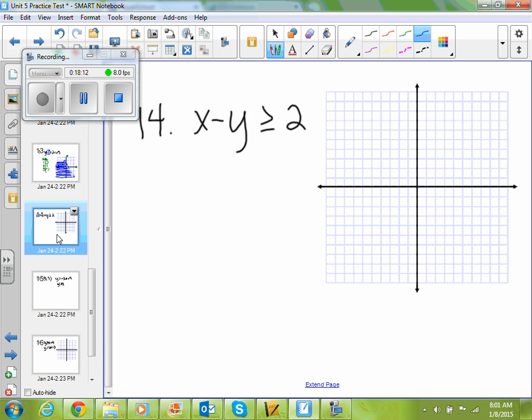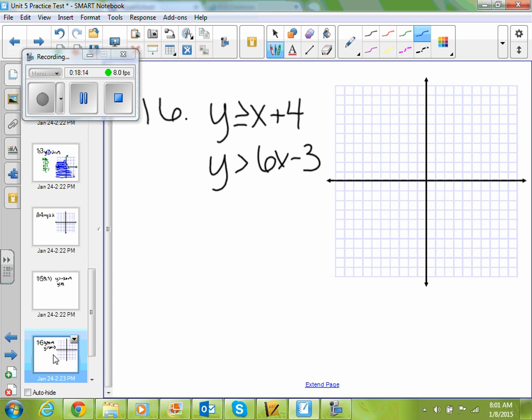If I look at number 14, actually I'm going to skip 14, 15, and go to 16. Number 16 says graph each system of linear inequalities, given an ordered pair that is a solution, and check to make sure that it is a solution. So I'm given y ≥ x + 4 and y > 6x - 3. I need to make two tables of values to graph both of those.